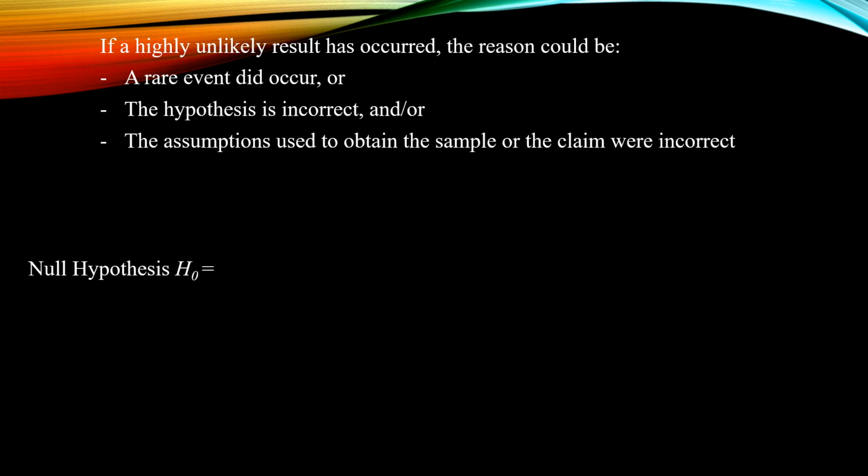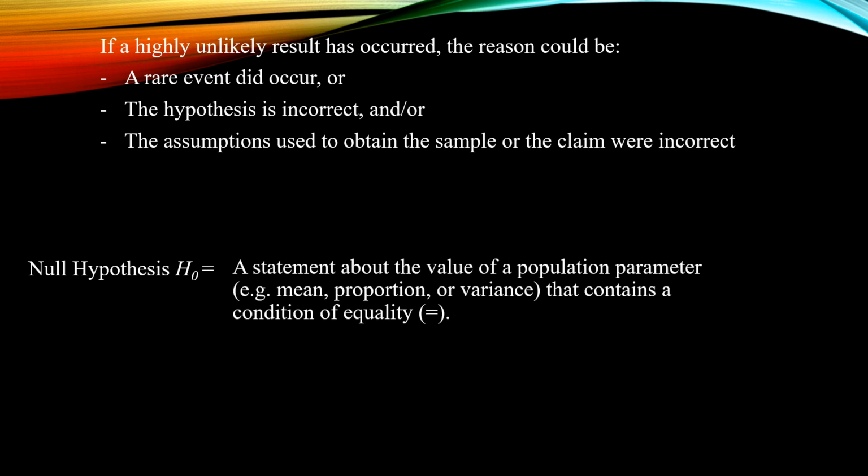The symbol for the null hypothesis is H sub 0 or H sub null, so null hypothesis. And this is the statement about the value of the population parameter that contains an equal sign. So this could be the statement about a proportion of a population or a mean of a population or a variance of a population, but it contains an equal sign.